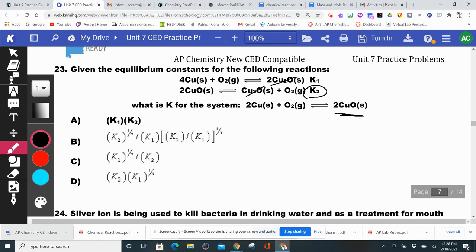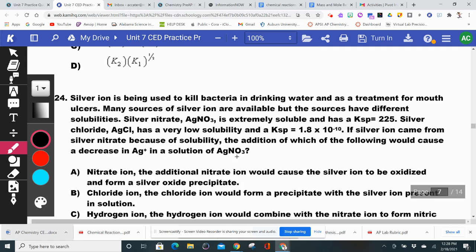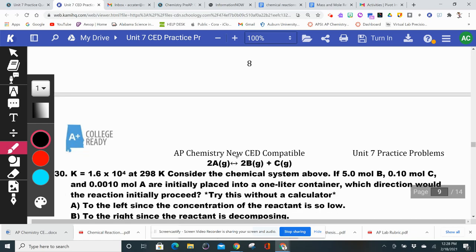And if you turn an equation around and reverse the equation, then you're basically going to take the inverse of the equilibrium constant. Let's work that one out.